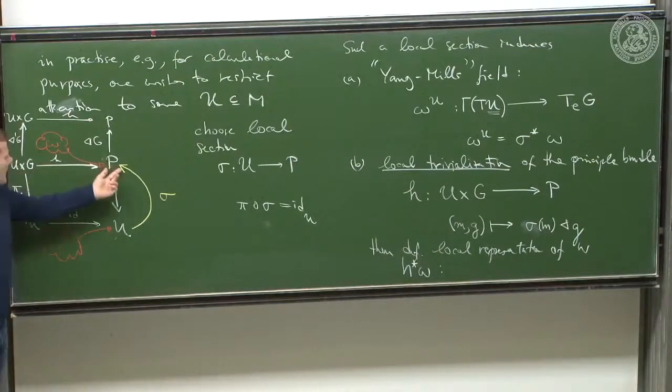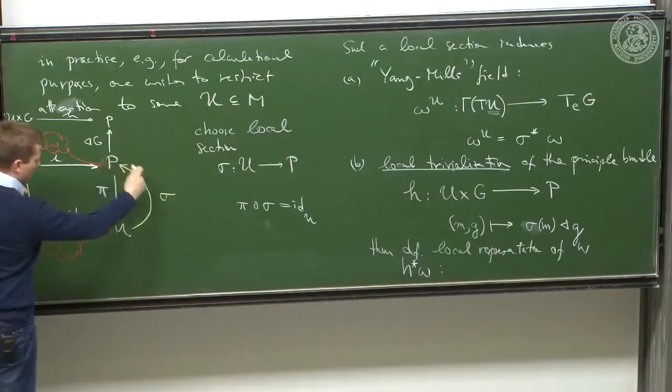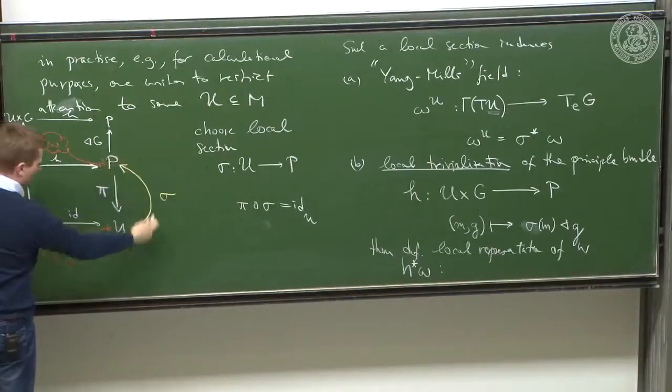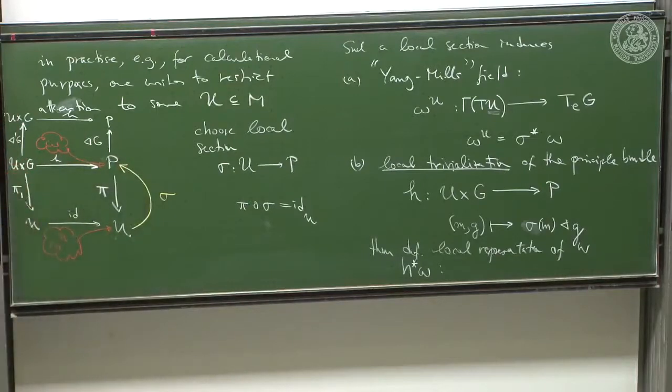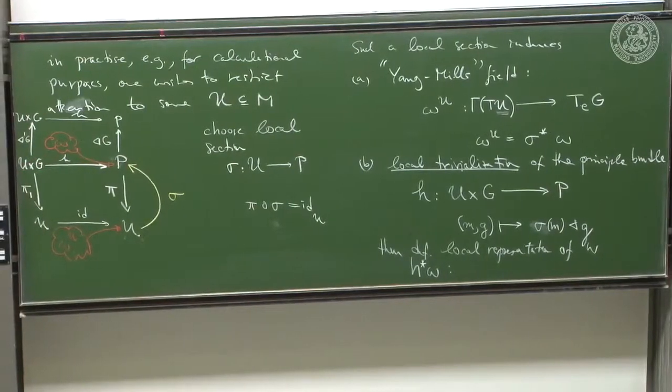Now this will not be a bundle isomorphism, because this is only part of it, but we can pull back the omega along here. So pulling back the omega along here, you get the Yang-Mills field. Pulling back the omega here, you get the H star of omega, and that lives on this local trivialization. Okay?